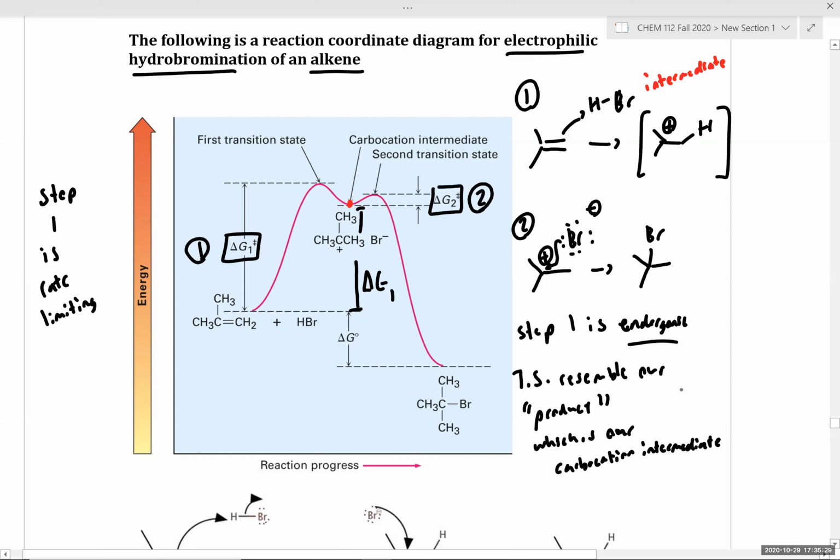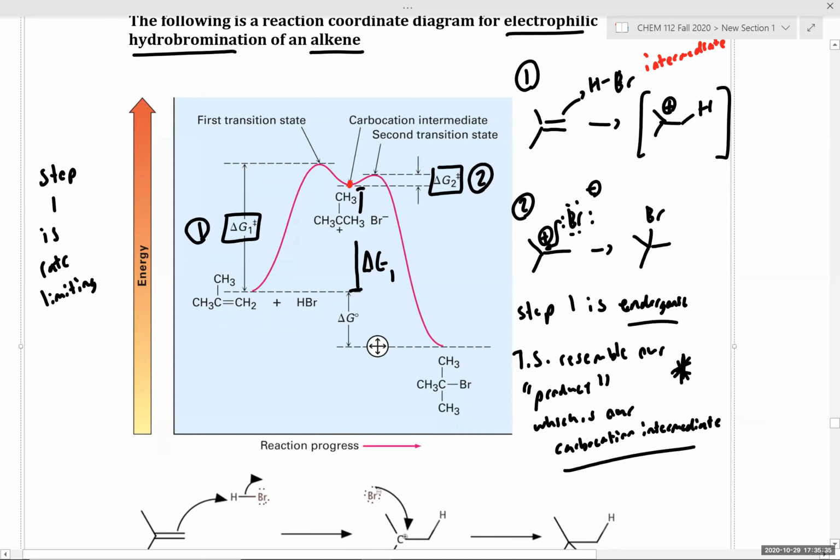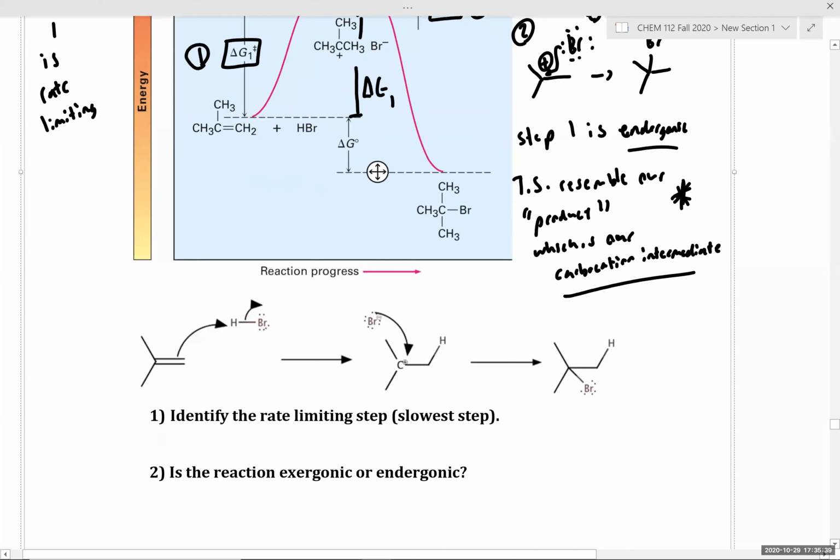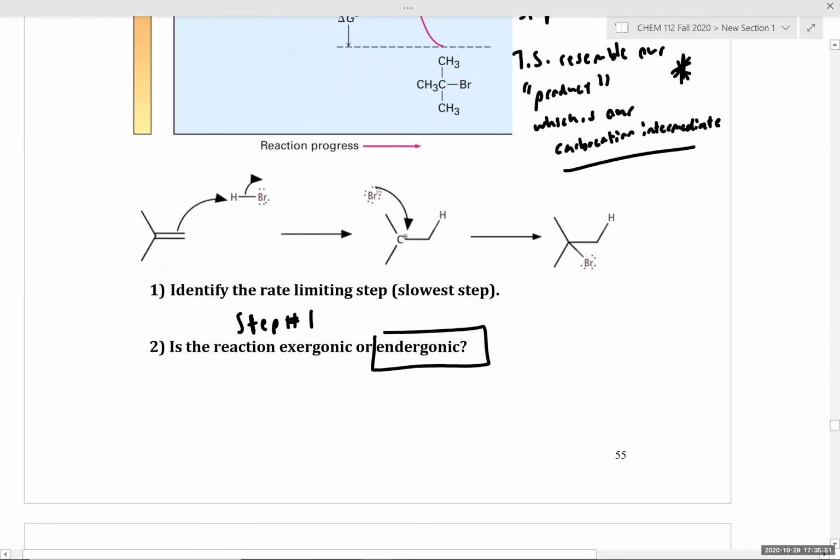Okay, so because our transition state will resemble our carbocation intermediate, we've identified the rate limiting step. That is going to be step number 1. We've identified that our reaction is endergonic. Okay, perfect.